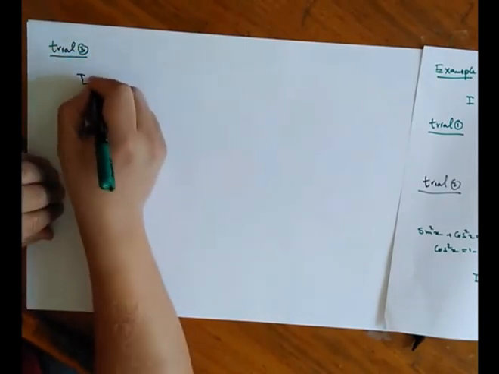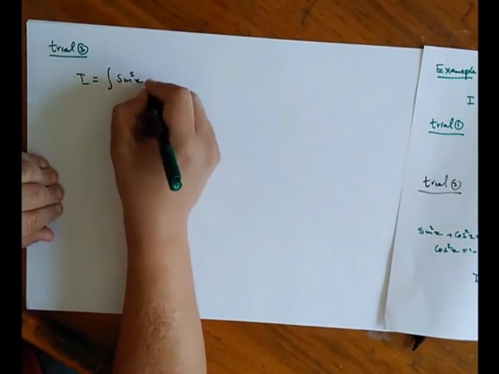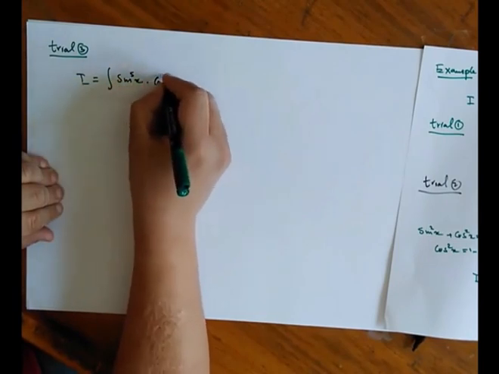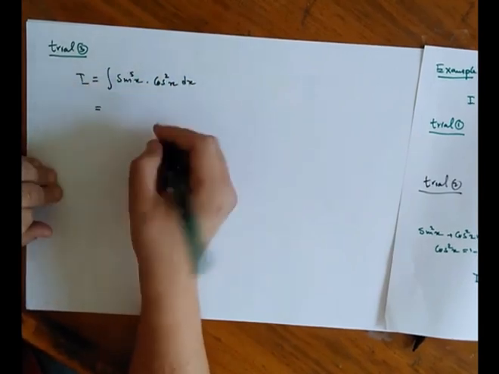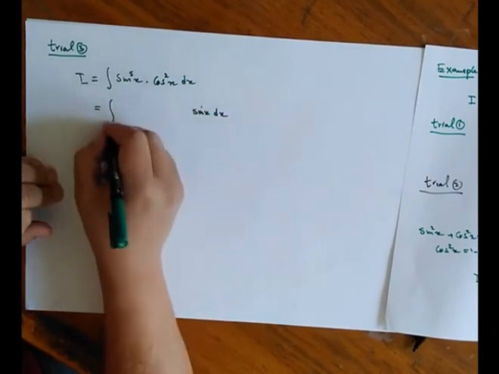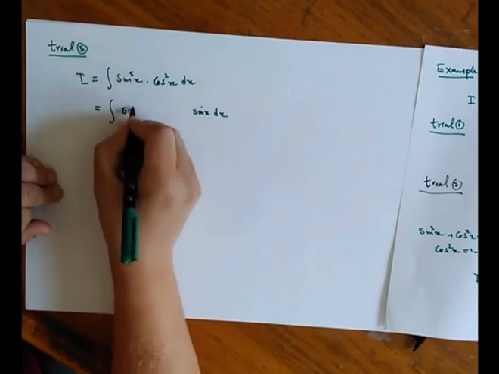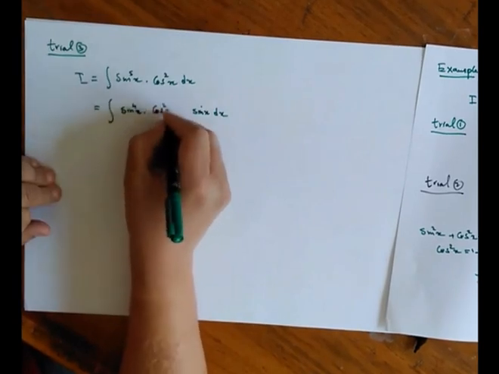So again, our integral is the integral of sine to the power 5 times cosine square. Okay, so let's try it with this sine. So we're going to save a sine factor here, and then the rest is going to be sine to the power 4 times cosine square x.